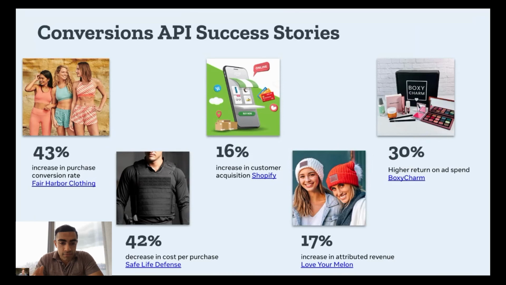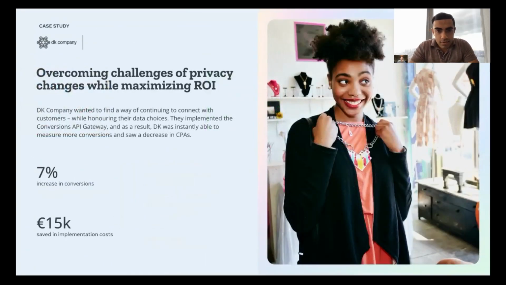These are the kinds of results that you can absolutely expect when adding Marin's Conversions API Gateway to your solution stack. I'll pass it over to Elizabeth, who will talk about an exciting specific case study on how a business effectively leveraged the gateway.